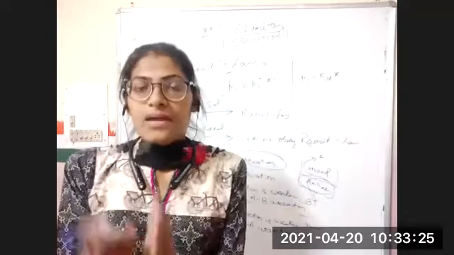Just keep in mind that if it comes in your exam, it is just 1 to 2 marks: what are azeotropes? And we would say an azeotrope is just a mixture of two liquids, and those liquids boil at a constant temperature.